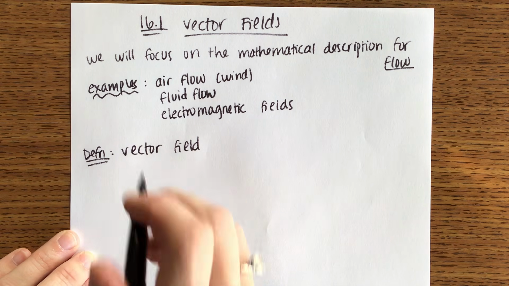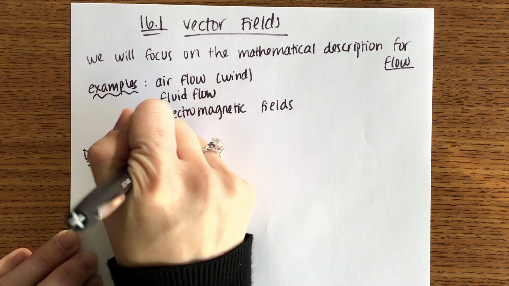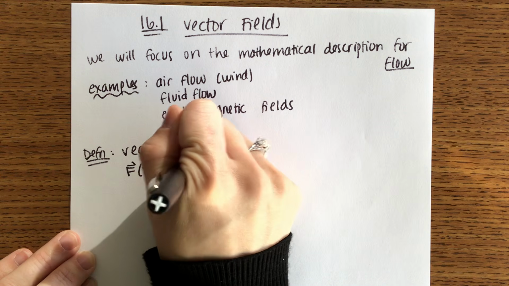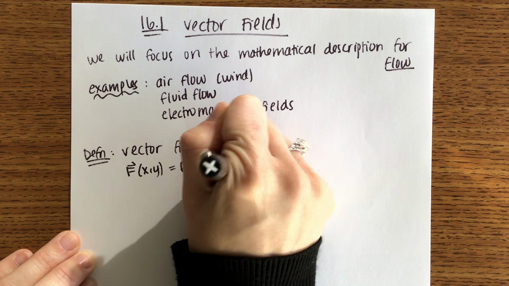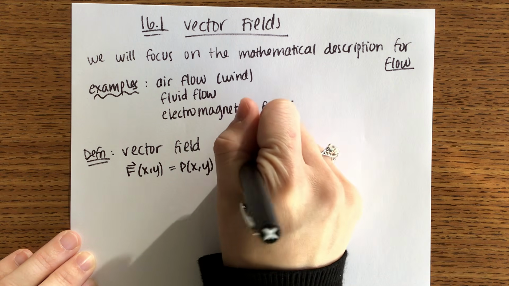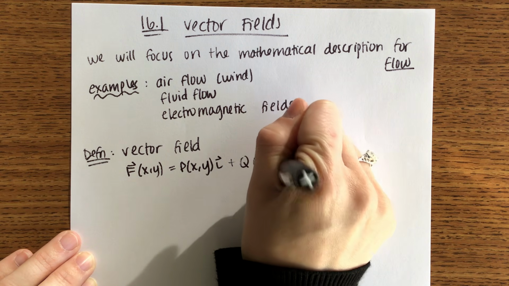Okay, so a vector field, the general notation is that it's F of x, y, so it's a vector, where the first component is a function of x and y. We normally use P. Second component is also a function of x and y.